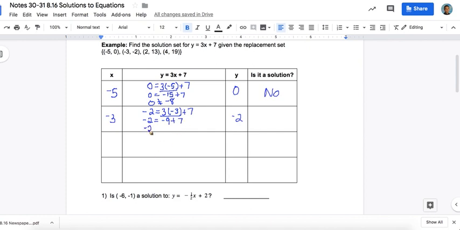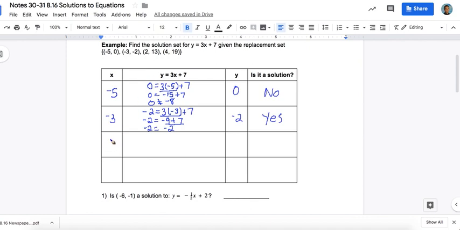And then once again, bring down the left side. And -9 plus 7 is -2. So now both sides equal each other, and that means it is a solution. Because when I plug in my x, if it gives me the y value, then it is a solution.